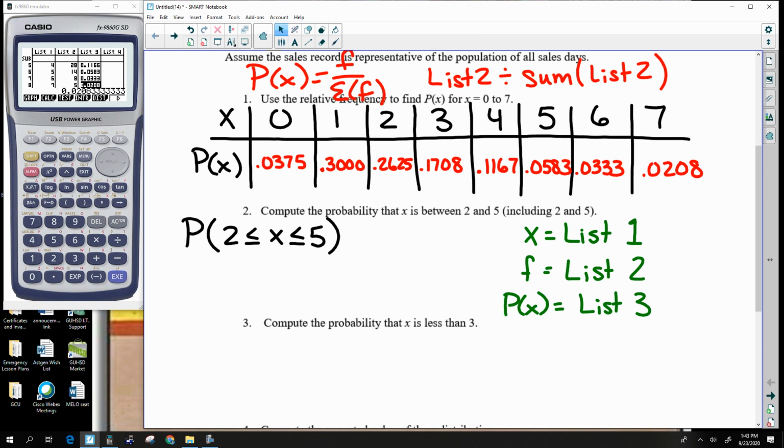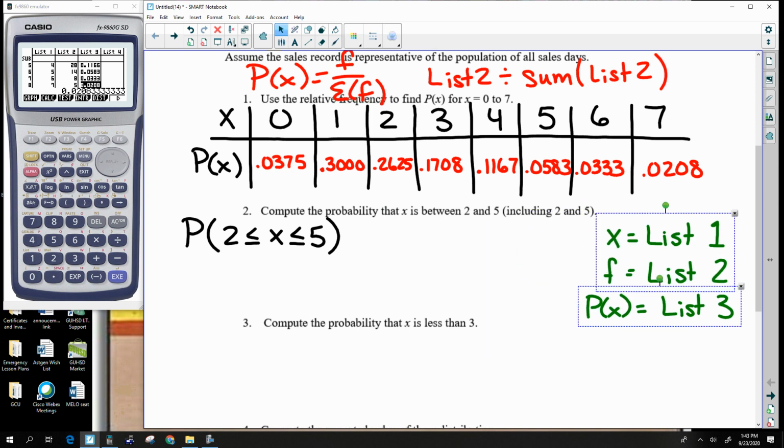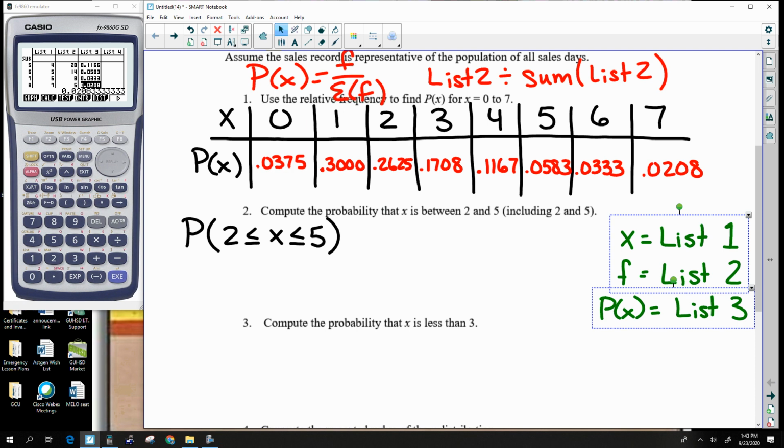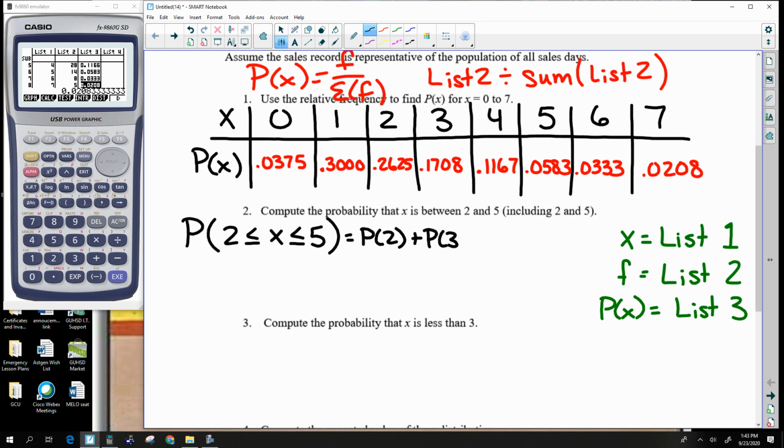If I have to find a range of probabilities, you add up the individual probabilities of that range. So 2 to 5 would mean I'm adding up the probabilities of 2, 3, 4, and 5.